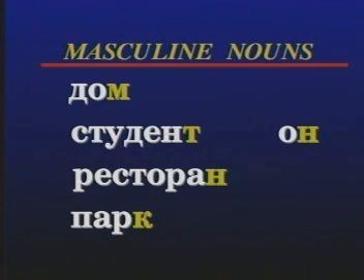Дом ends in M, студент ends in T, ресторан ends with an N sound, and парк ends with a K sound. M, T, N, K are consonants. And if a noun ends in a consonant, it's masculine. That's it. Masculine nouns end in consonants. It's very easy, just like that.